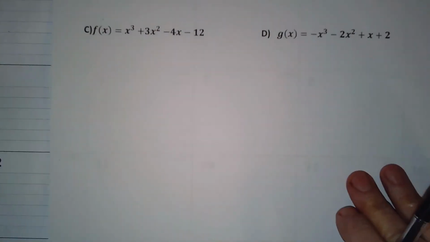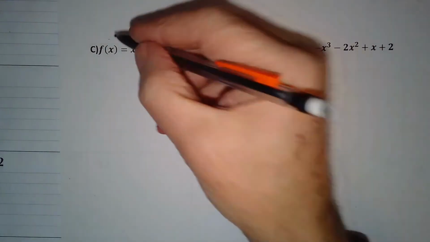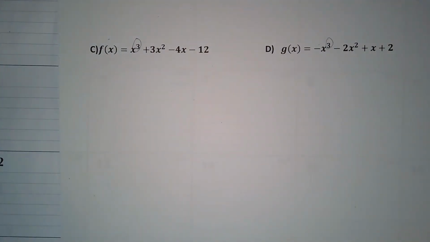Right? Now, this next one, we have odd terms. So we've got 3 and 3 here, so those are odd terms. And so as a result, your graph is going to look a little bit different.